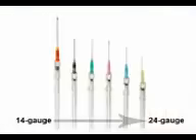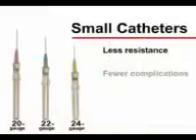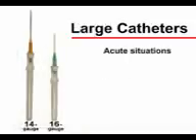The size of the catheter selected would depend on the clinical situation. The smallest effective catheter should be used because small catheters allow for less resistance to blood flow around the cannula and are associated with fewer complications. Large catheters, such as 14 and 16 gauge, are used in acute situations for fluid resuscitation.